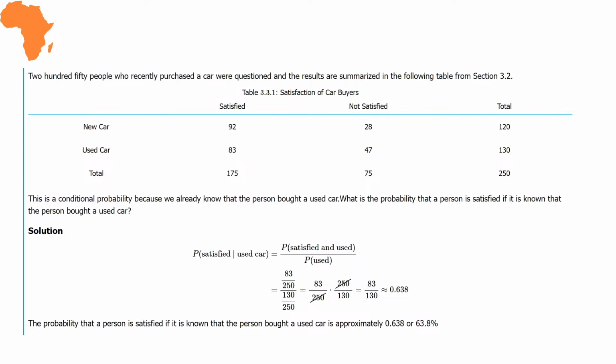This is C over C plus D. When we cancel everything, the 250 cancels, we end up with 83 over 130, which is the same as C over C plus D. What is C over C plus D?